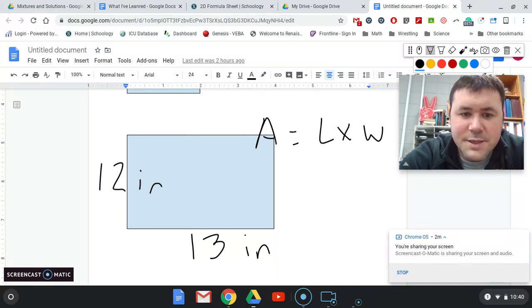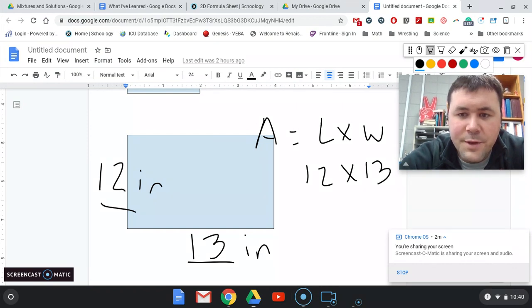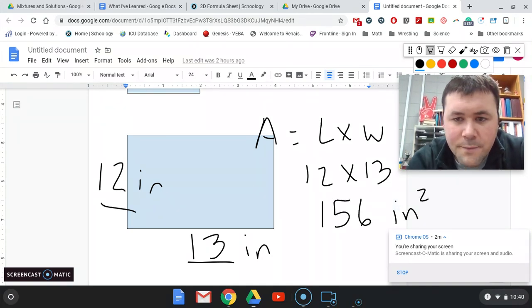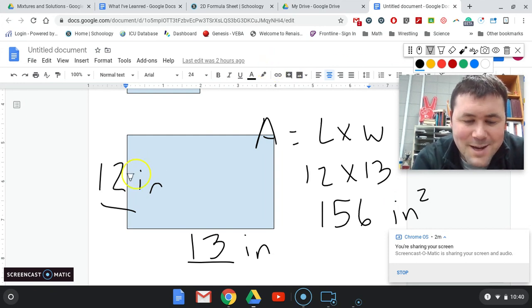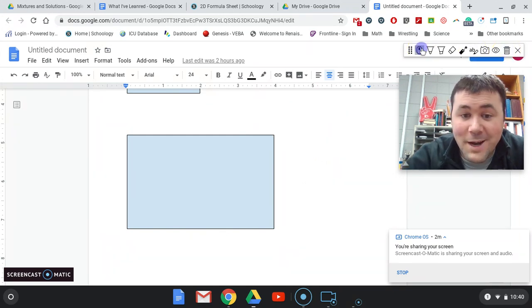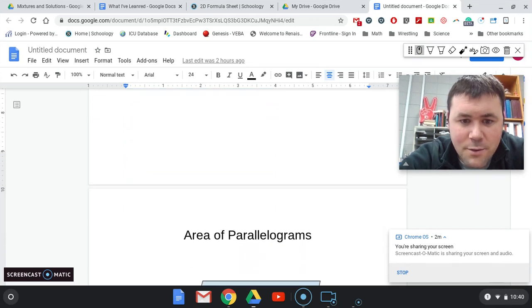In this case, it's going to be 12 times 13. This one's actually kind of difficult to do in our head, but it's 156 inches squared because we did 12 times 13. Hopefully that's a little more of a view. Hopefully you're working on memorizing these also.